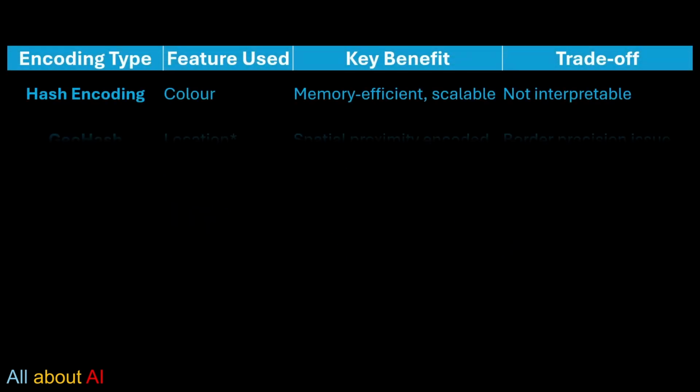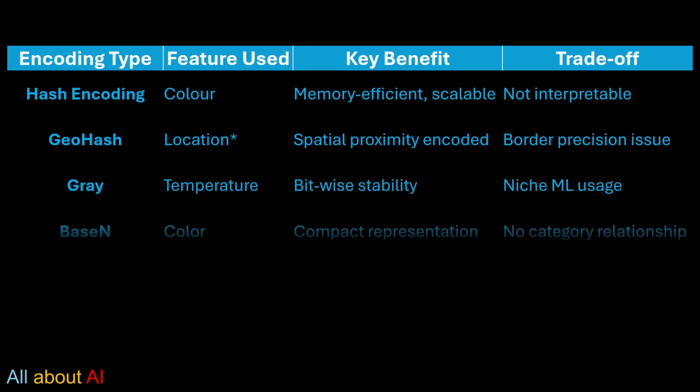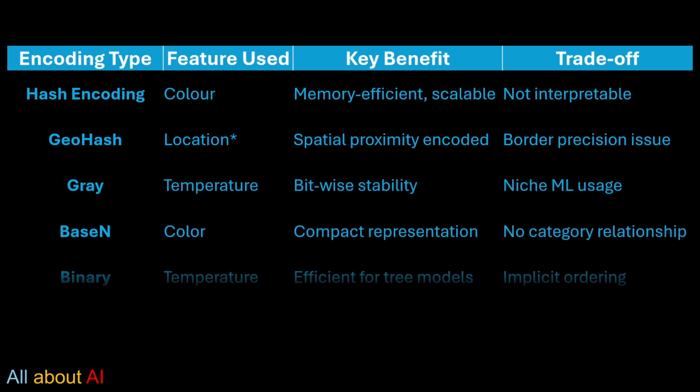So we have covered 5 different techniques, and if we summarize, hash encoding is memory efficient and scalable, but the problem is it is not interpretable. GeoHash, spatial proximity encoded, is useful for location based encoding, but there are issues with border precision.